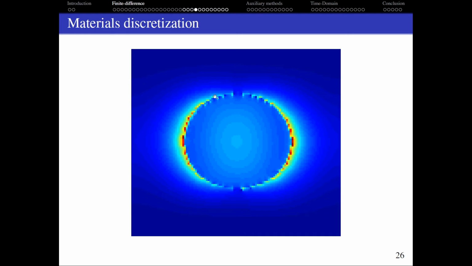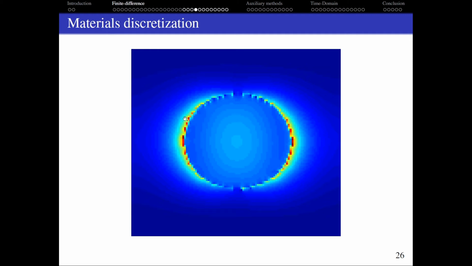And what we see here are what we call staircases. Because the grid is orthogonal, it doesn't really match the curvature of this particle. What this implies, you can see it on the figure, is that you can see hotspots around the particle.